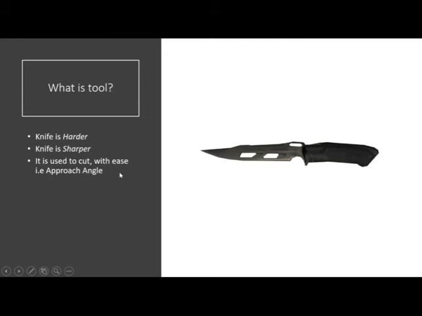There is a sharp edge on the knife, that we call sharper, and it must be harder. Remember, a tool should always be harder than the workpiece. Whenever you cut something with the knife, the hardness of that material should be lesser than the hardness of the knife.